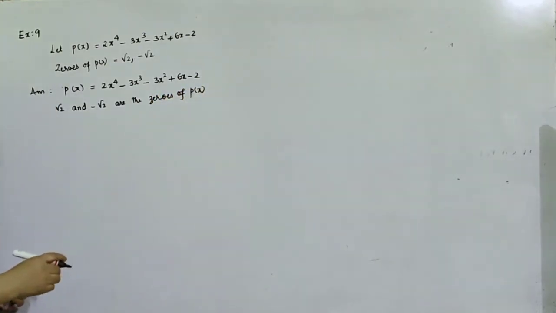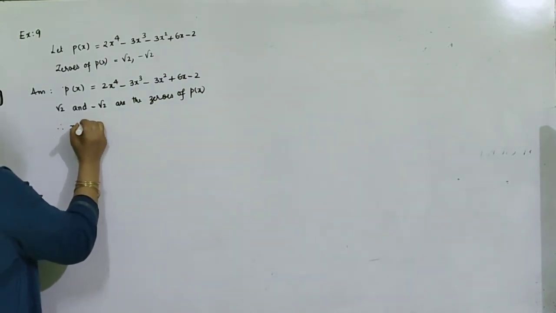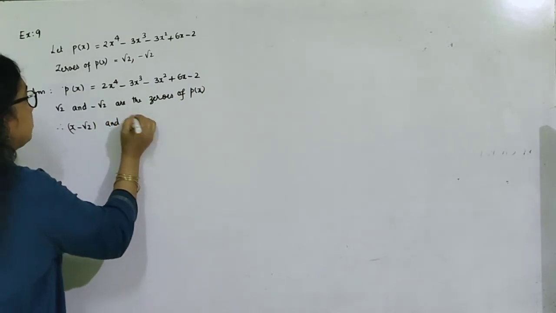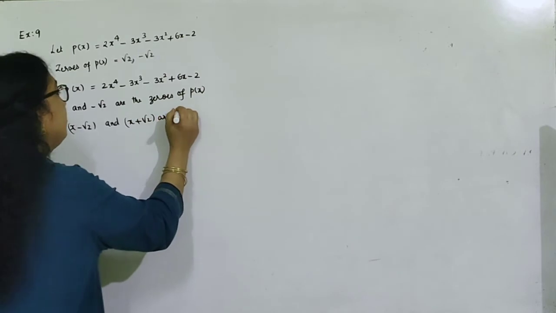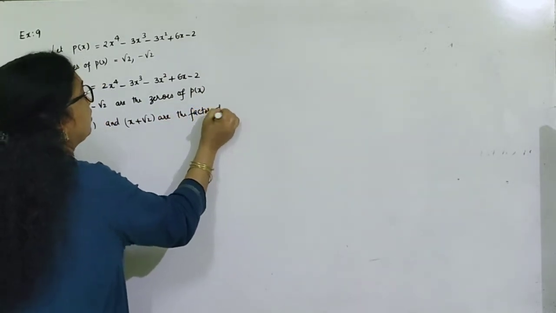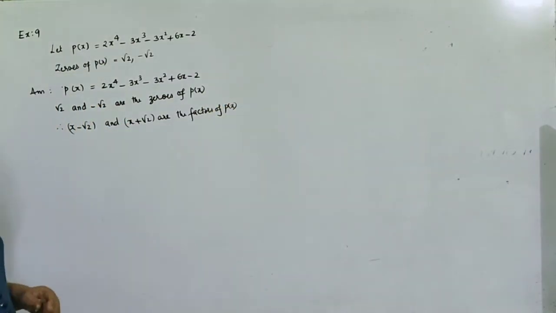I am showing in steps how you could write. Therefore x minus root 2 and x plus root 2 are the factors of p of x. Here two factors are there, so their product also will be a factor.